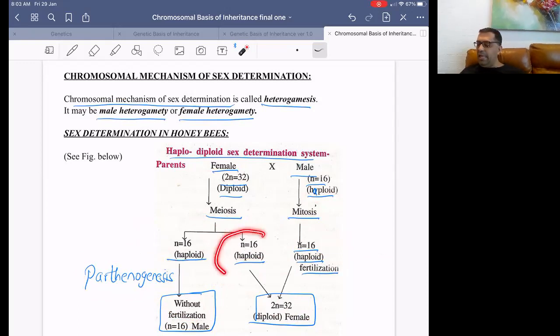If an n=16 egg is fertilized by an n=16 sperm, 2n=32 females are formed, which is a normal female being formed.